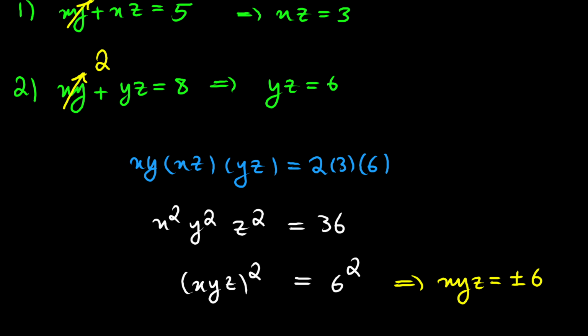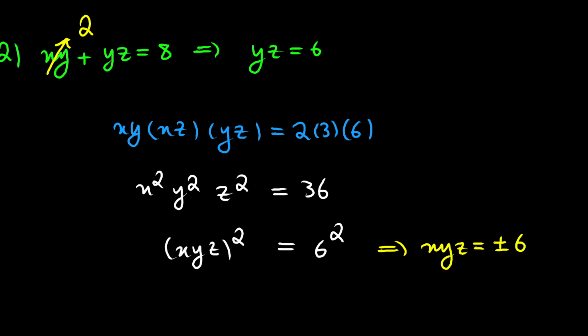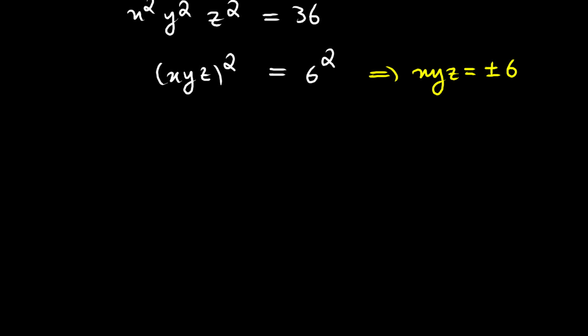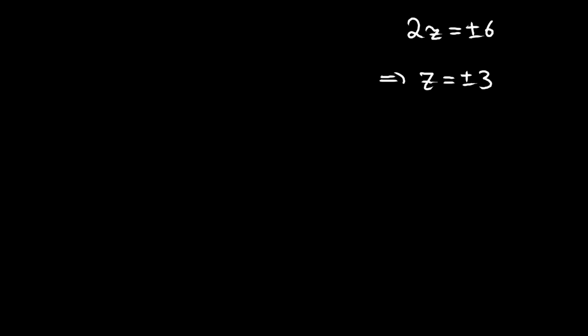Now, notice that we know that x times y is 2. So I can replace this with 2. So I will have 2 times z equals positive or negative 6, which gives me z equals positive or negative 3. Now, notice that x times z equals 3, and we know that z is positive or negative 3, so I can say that x is going to be positive or negative 1.